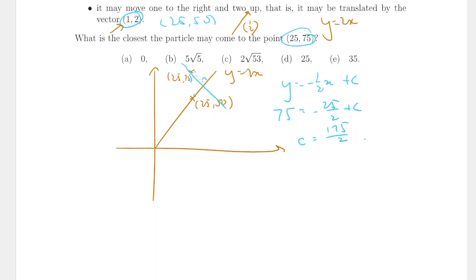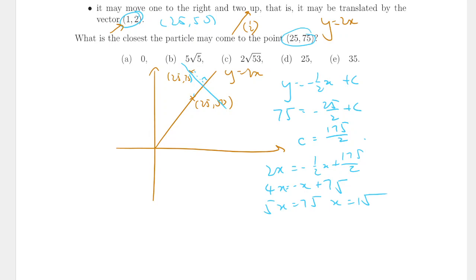So 2x = -1/2 x + 175/2. Multiply the whole equation by 2: 4x = -x + 75. So 5x = 75, so x is 15.